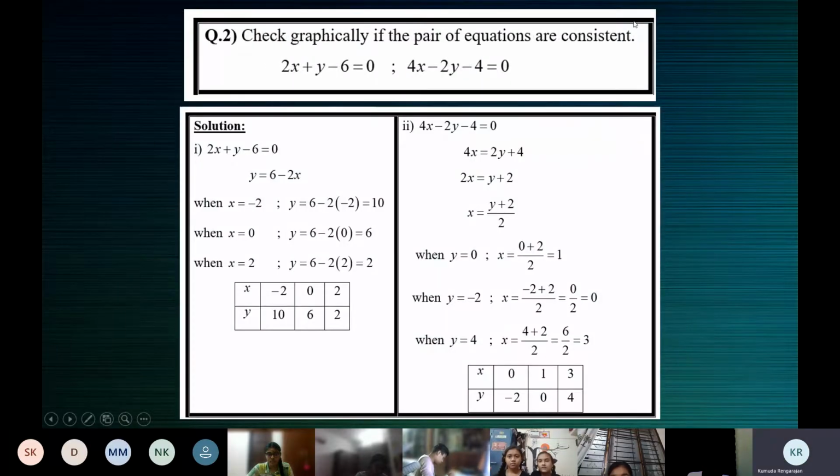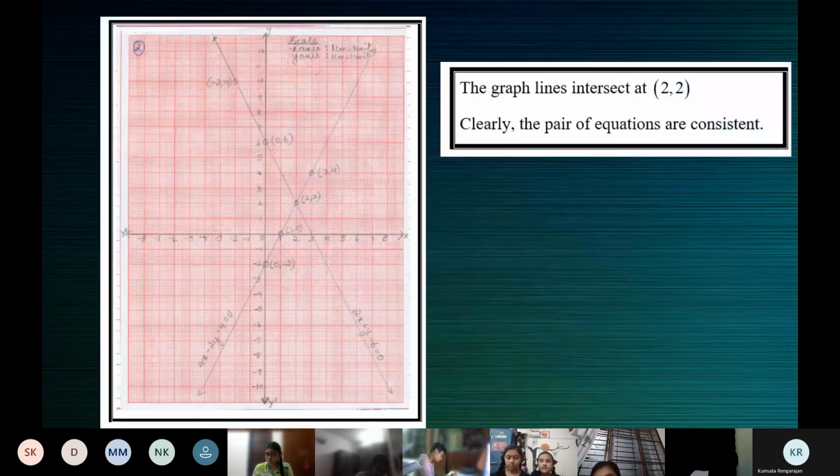So I'll just show you how it looks like. So now what are the requirements?